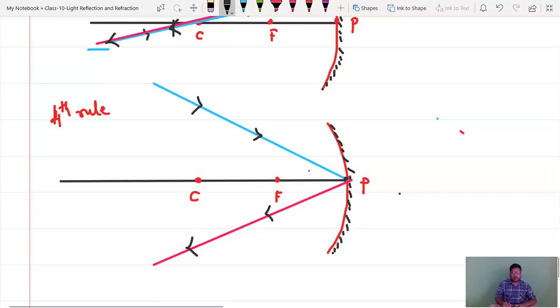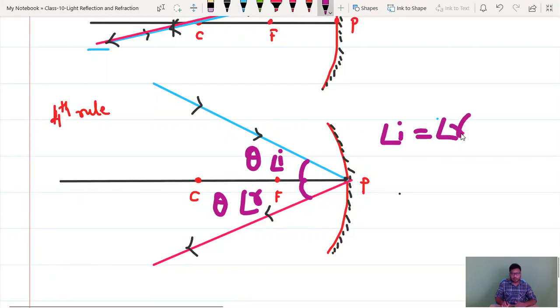And here one thing you have to understand, this angle of incidence will be equal to the angle of reflection. So if this angle is theta, this angle also will be theta. Angle I will be equal to angle R.